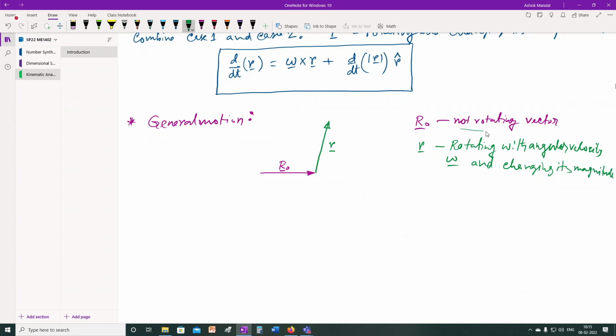Okay, this not rotating vector is also changing its magnitude. It is just not rotating, and the combination of these two vectors represents the position of a point.